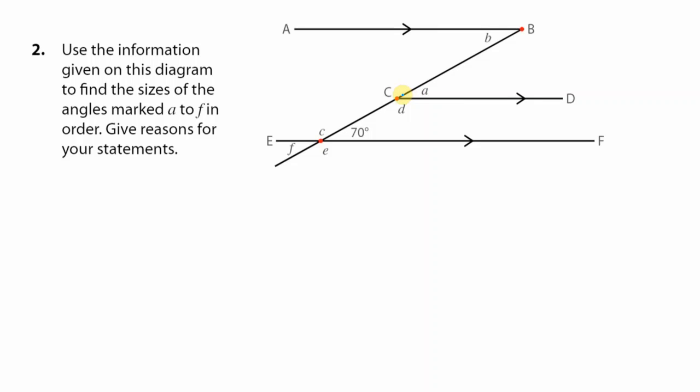CD is parallel to this portion here, and then we also have this portion here. So I see this F shape. So we want A on the top. F shape we know is corresponding angles.